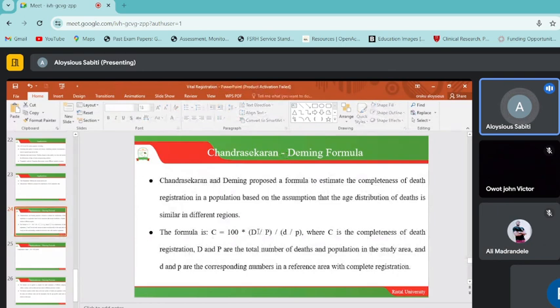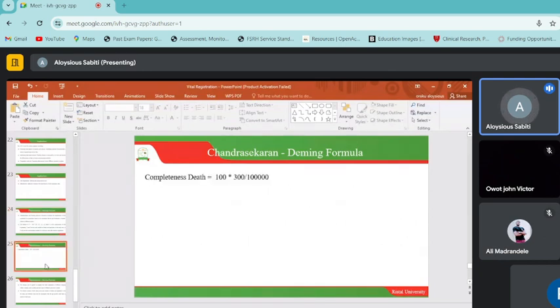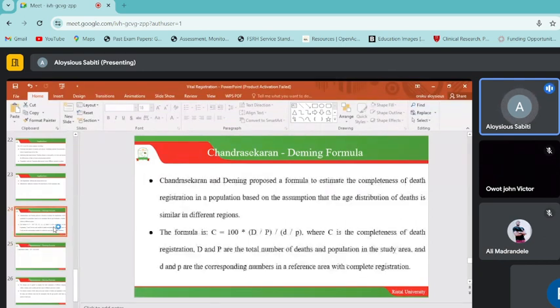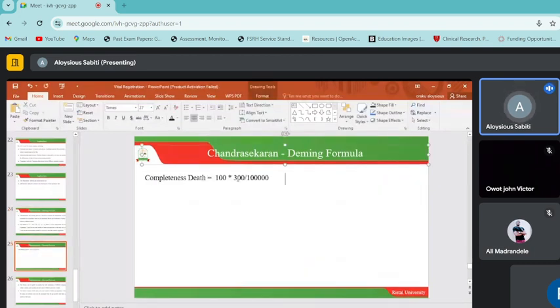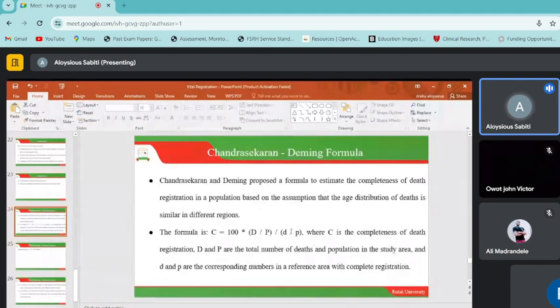So we are substituting capital D as 300 and capital P as 100,000. That would be how it would look. So then you put brackets, and you divide this by your D and P.